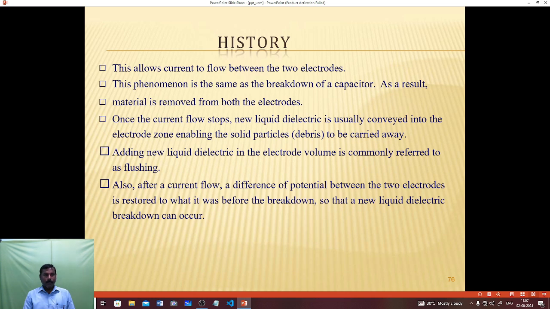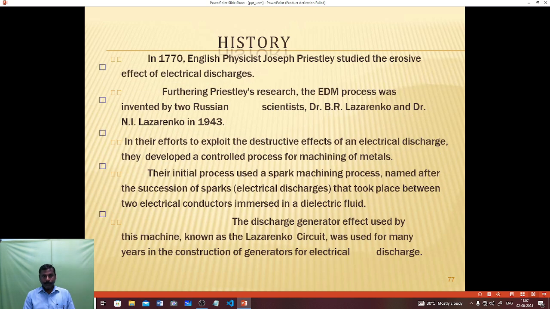As a result, material is removed from both the electrodes. Once the current flow stops, new liquid dielectric is usually conveyed into the inter-electrode zone. Also, after a current flow, a difference of potential is restored between the two electrodes as it was before breakdown, so that a new liquid dielectric breakdown can occur.